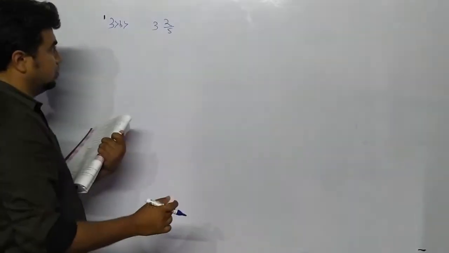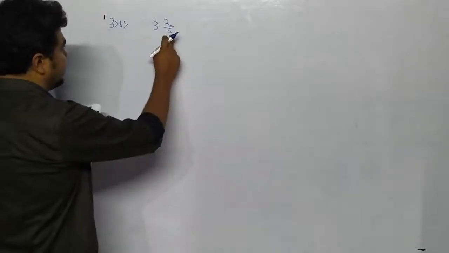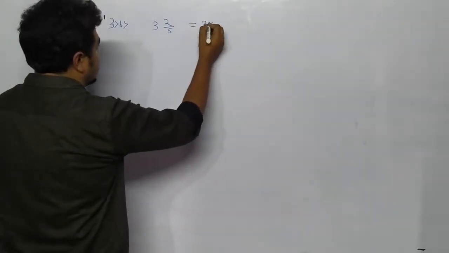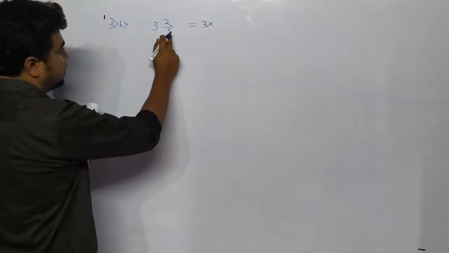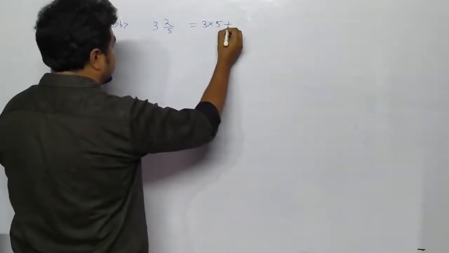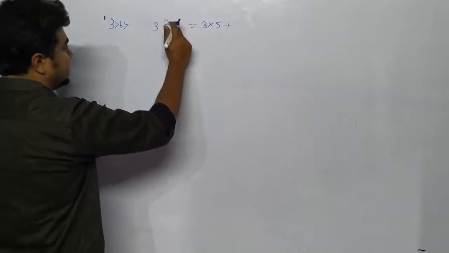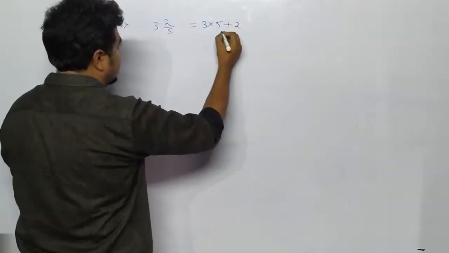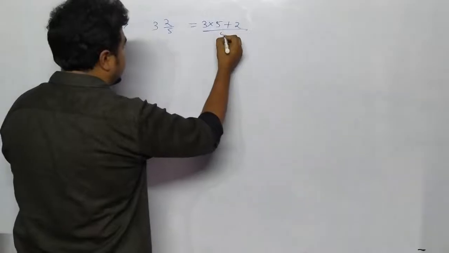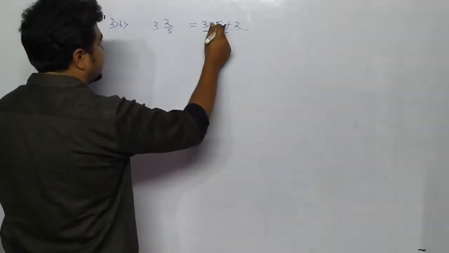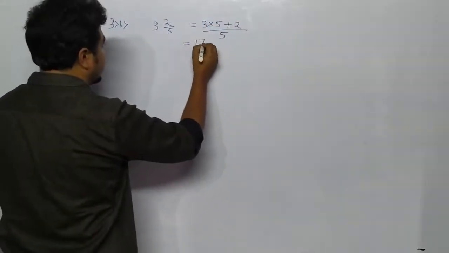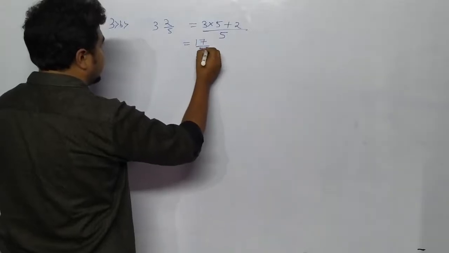You can directly do that: multiply the whole number 3 into 5, plus the numerator 2, then divide by the denominator 5. 3 into 5 is 15, 15 plus 2 is 17, so 17 by 5.